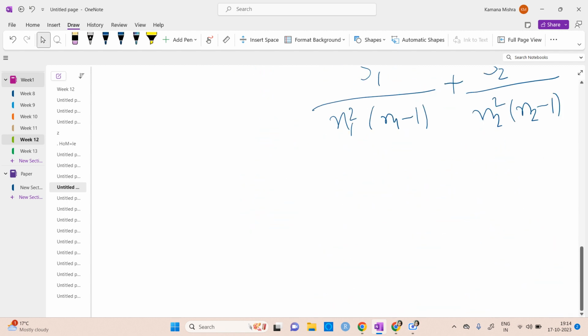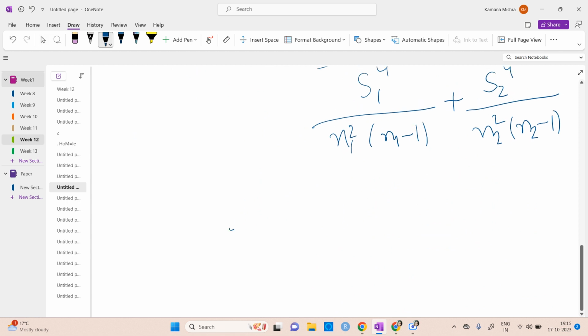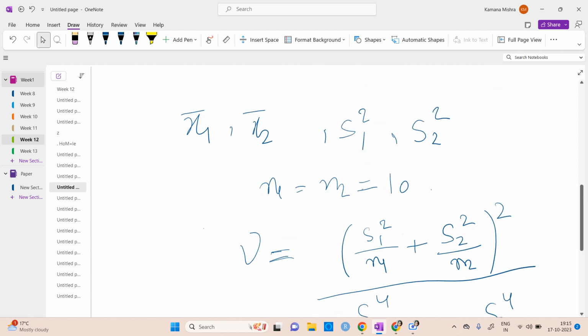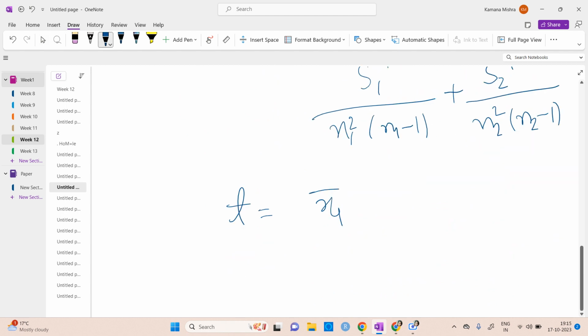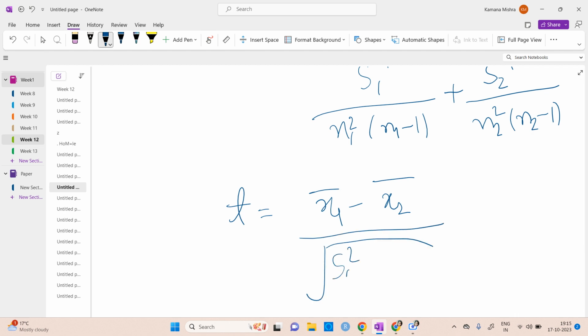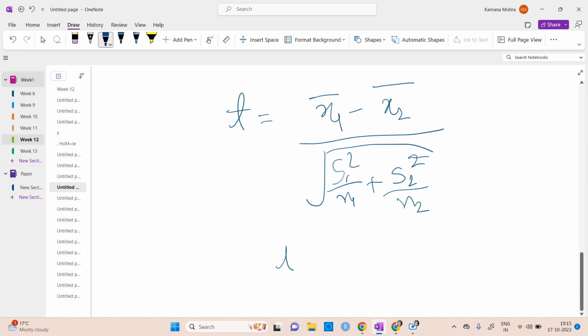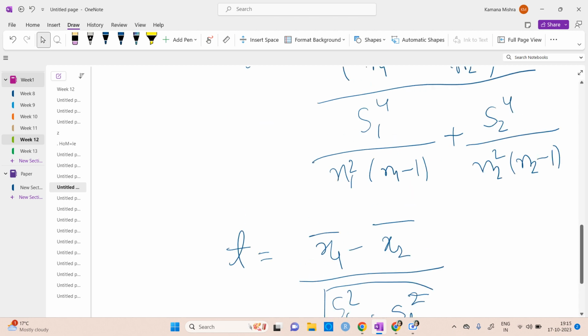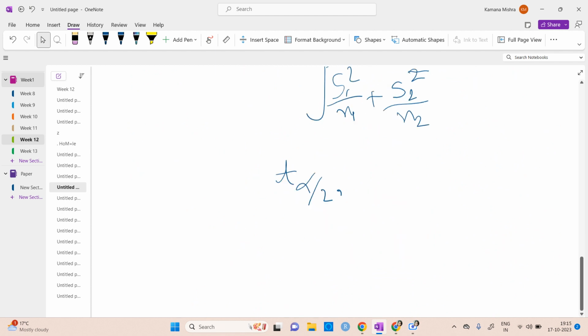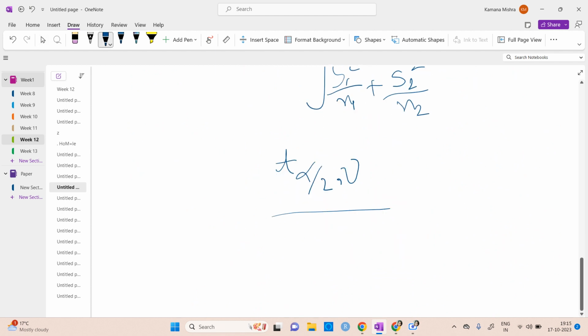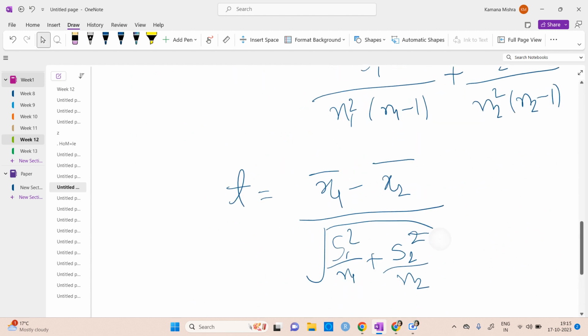And then the t statistic you can find as x1 bar minus x2 bar divided by root of s1 square by n1 plus s2 square by n2, and then you can check this t statistic at alpha by 2 because this is a two-tail test, with alpha by 2 and this nu. So this is all calculation from here.